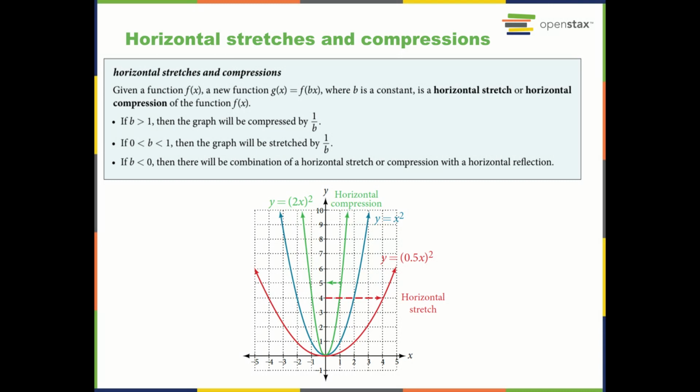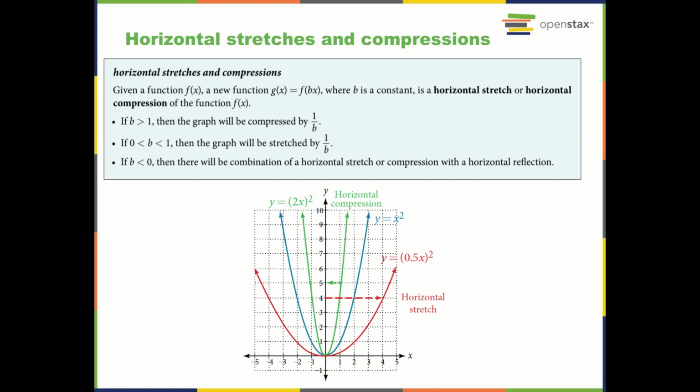Okay, let's talk about horizontal stretches and compressions. Here, let's look at the equation first. Remember for a vertical stretch, the constant was outside of the function. Here, it's an input, right? If our constant is b, it's f of b times x. b is inside, multiplying times the input to our function.